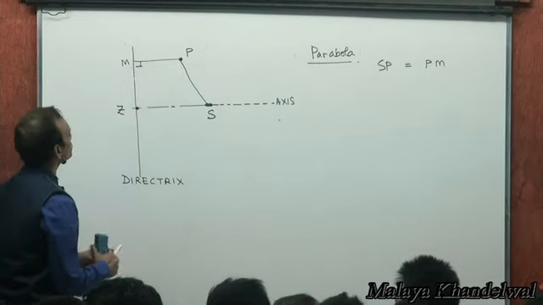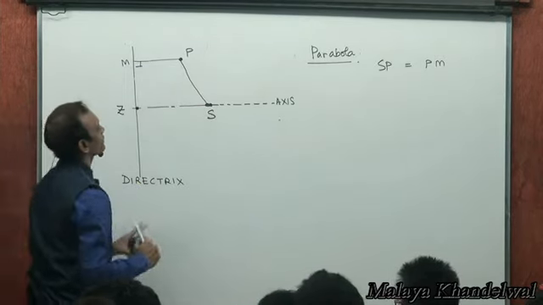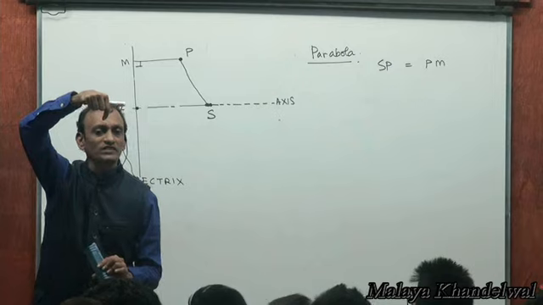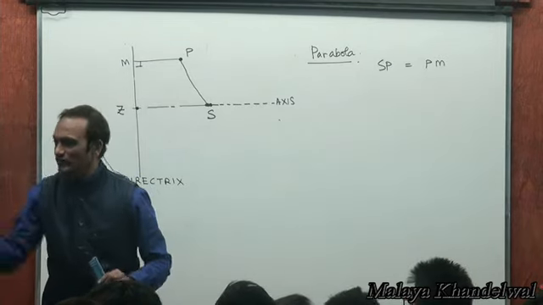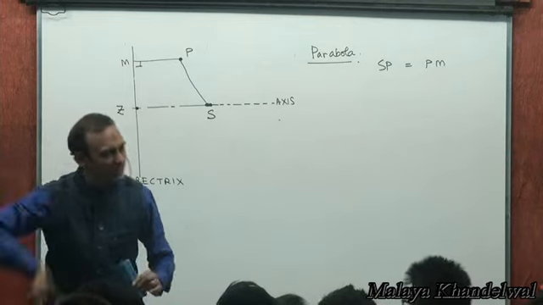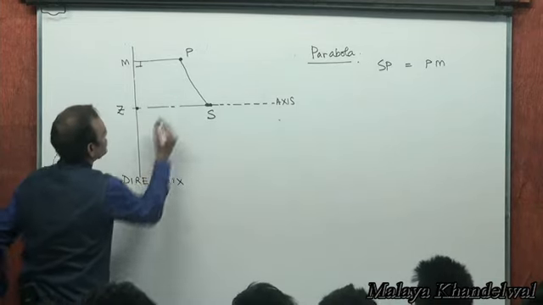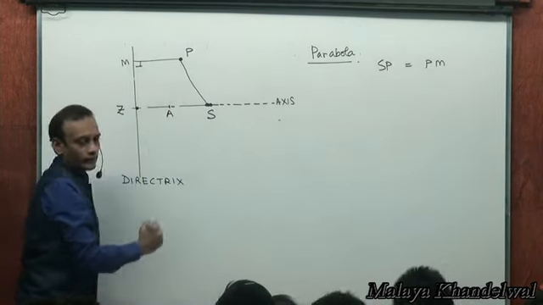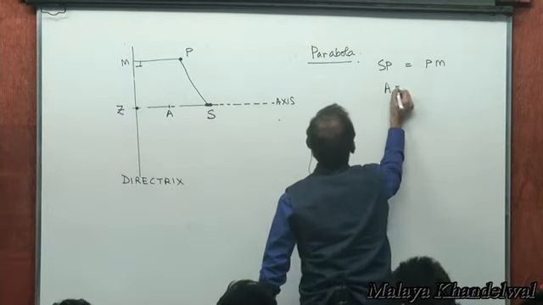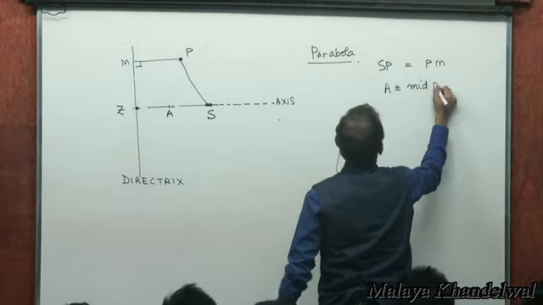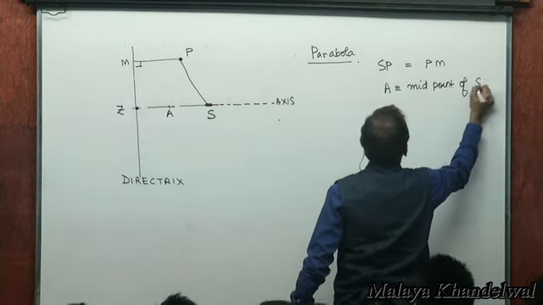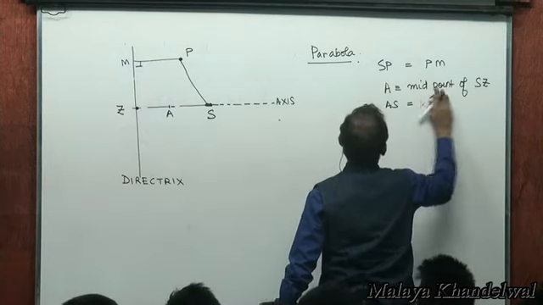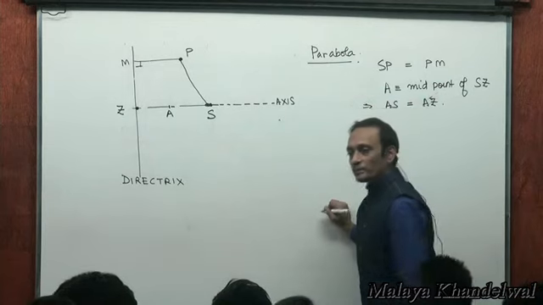But even before I talk about the coordinate axis, one thing: any point in the plane such that its distance from the fixed point S is the same as its distance from the fixed line L will be part of the parabola, will belong to the parabolic trajectory. Clear? Now, if I took the midpoint of SZ, call it A, then do you realize that AS, its distance from S, is the same as its distance from the directrix AZ?